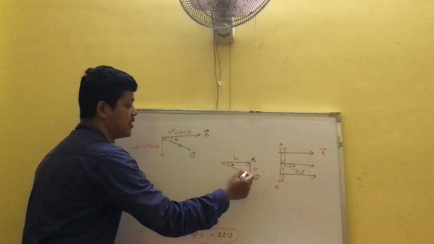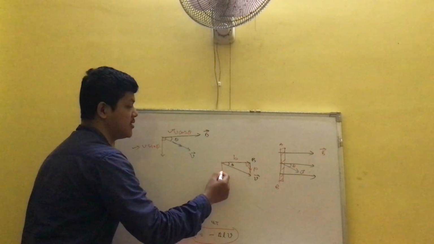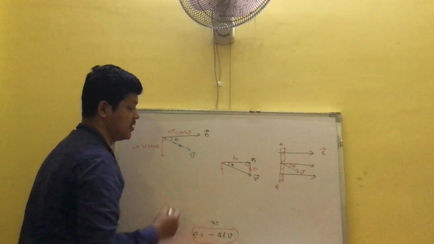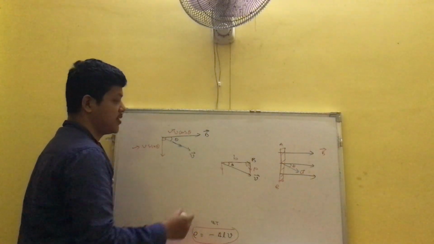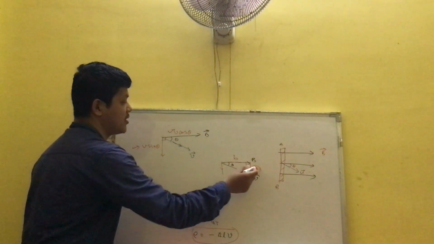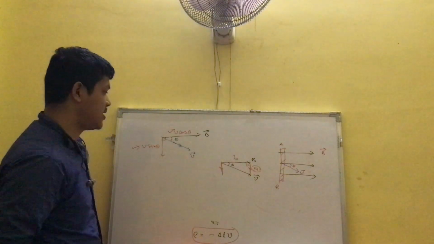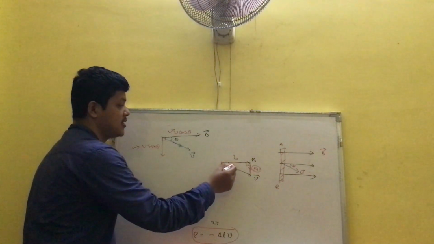Let us find the perpendicular component of b. If we go to this one, then that one will be the same as this one. So this is the angle theta.